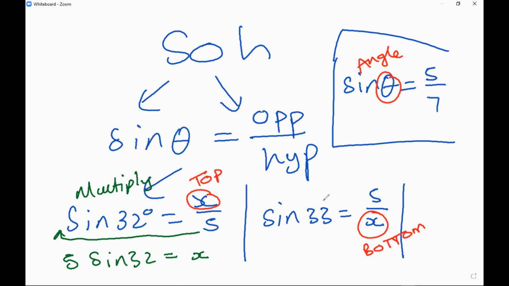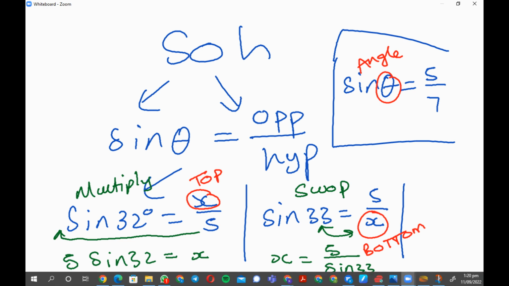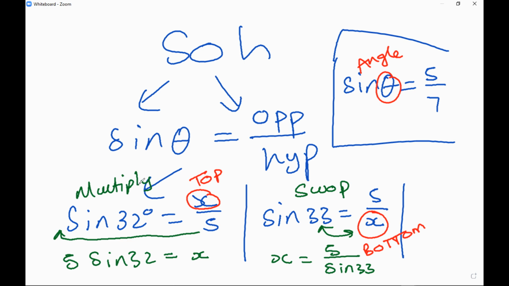When it's at the bottom, you swap them around, and you get x equals 5 divided by sine 33. So top multiply, bottom swap, and when it's an angle, you press shift sine on your calculator, then you put that fraction in there, 5 over 7.